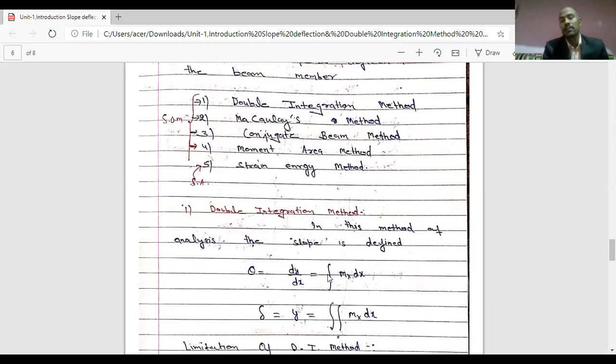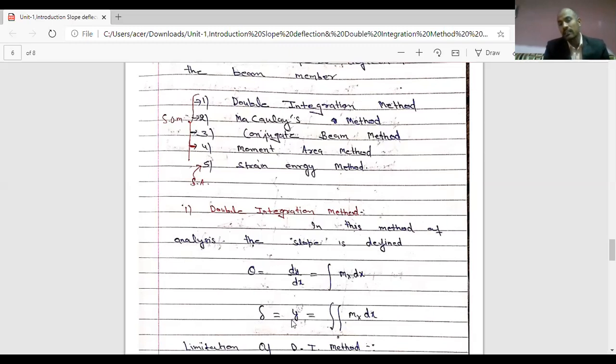It is a limitation of the double integration method because EI is treated as constant for the beam structure. If EI is not constant all through the span of the beam, we can't use the double integration method, right?